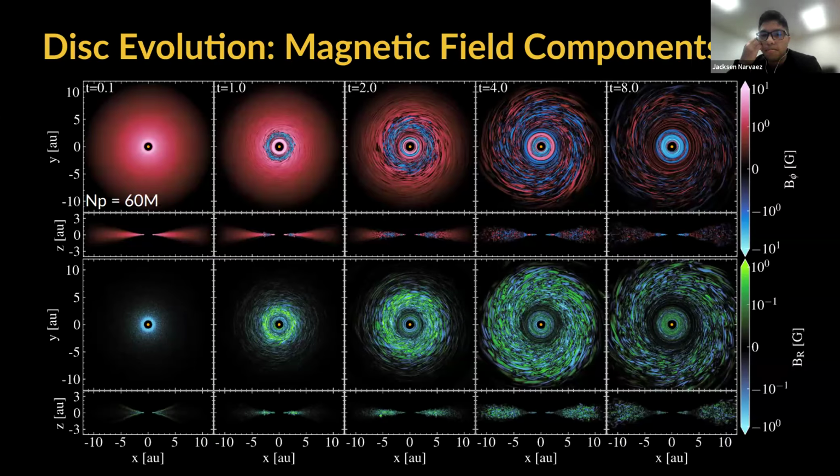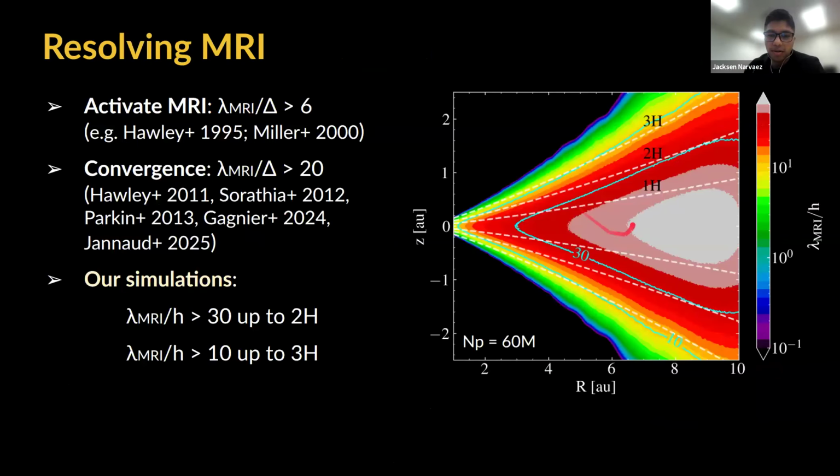So it could be because of the resolvability of the MRI. If you see here in this plot, in those regions we don't have enough resolution to resolve the MRI. Not sure. It could be numerical.